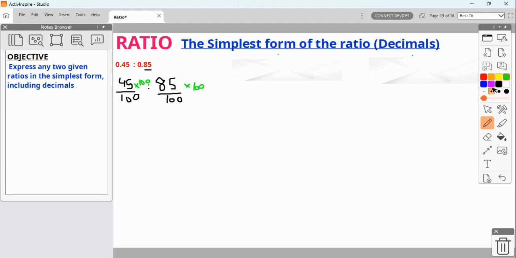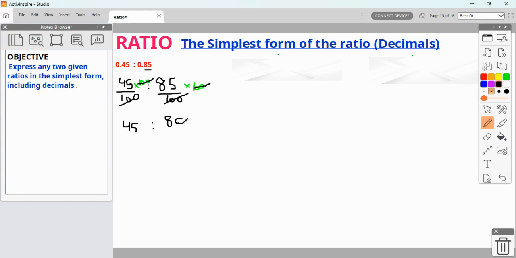After multiplying both fractions by 100, we can cancel 100 by 100, and this 100 will be cancelled by this 100. So what is left over here is 45 ratio 85.